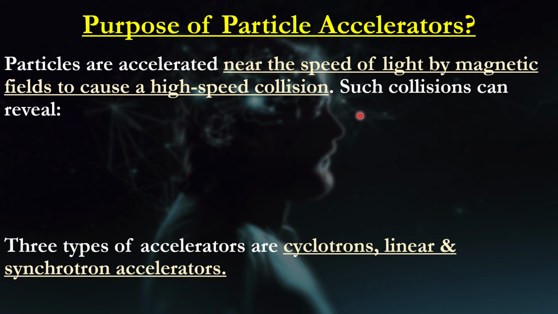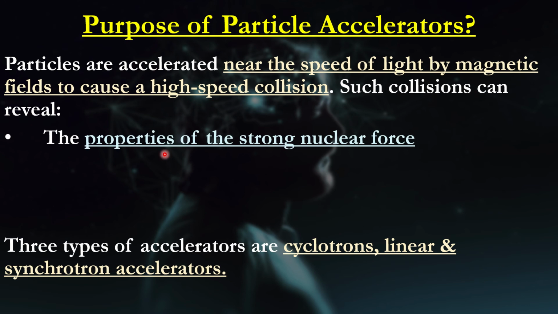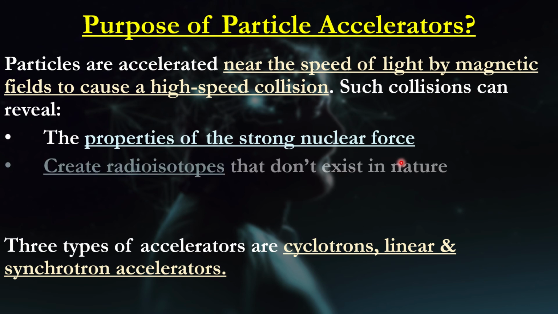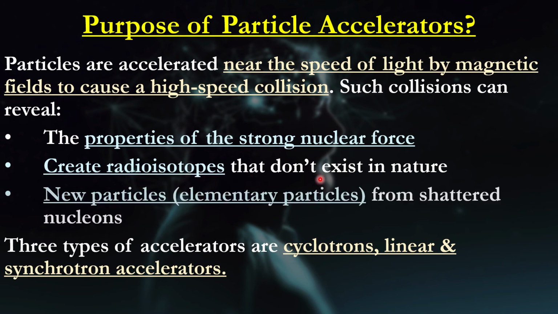Through this collision, we can look at the properties of the strong nuclear force, create new radioisotopes that might not exist in nature, and find new elementary particles from scattered nucleons.